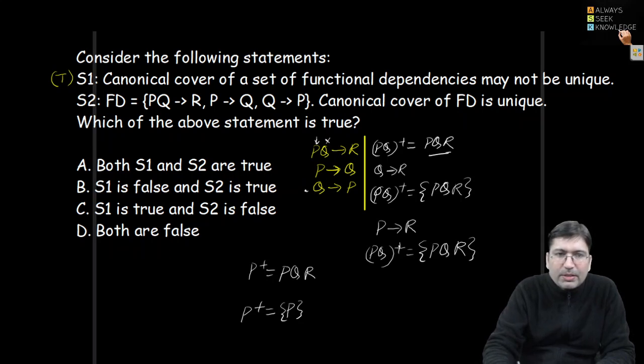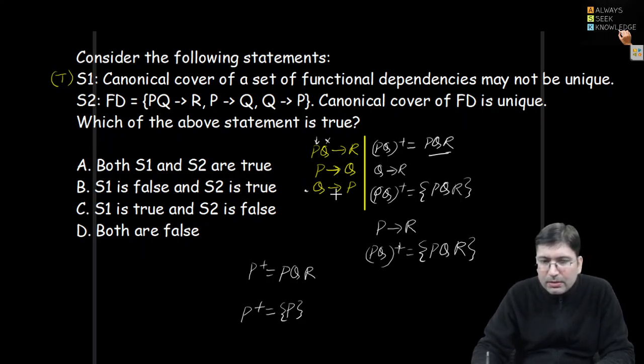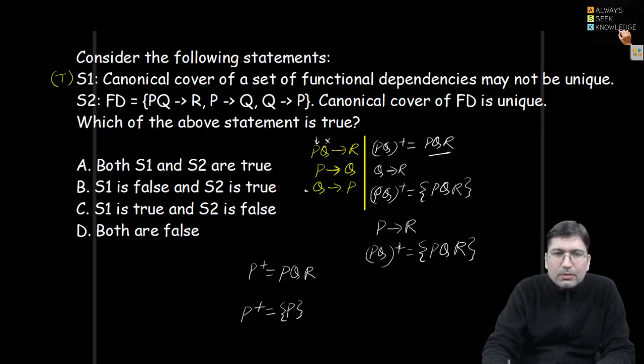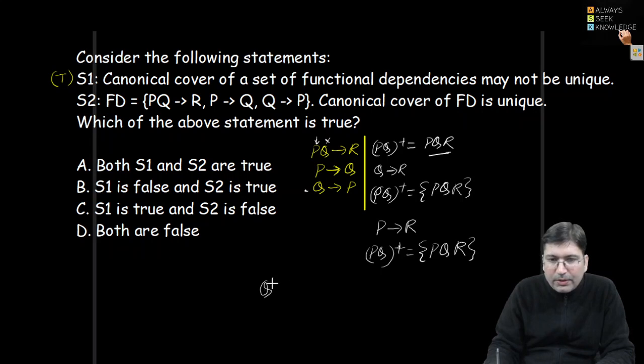Now let's check whether the last rule we can remove or not. In the last rule, we find the closure of Q, and Q will give us Q, and Q can derive P, and PQ can derive R. That means all.